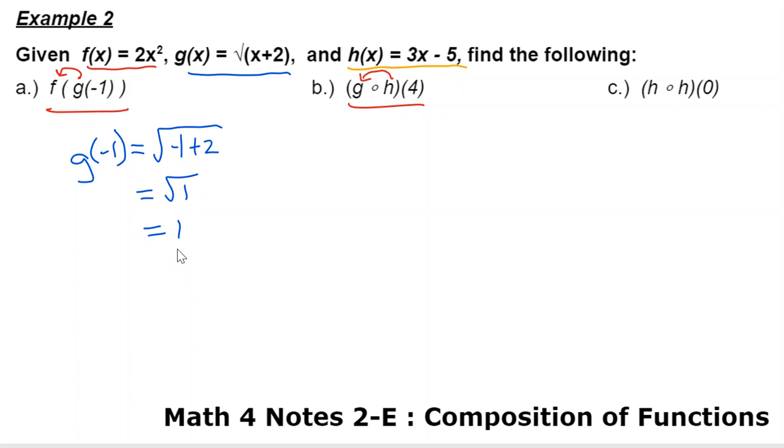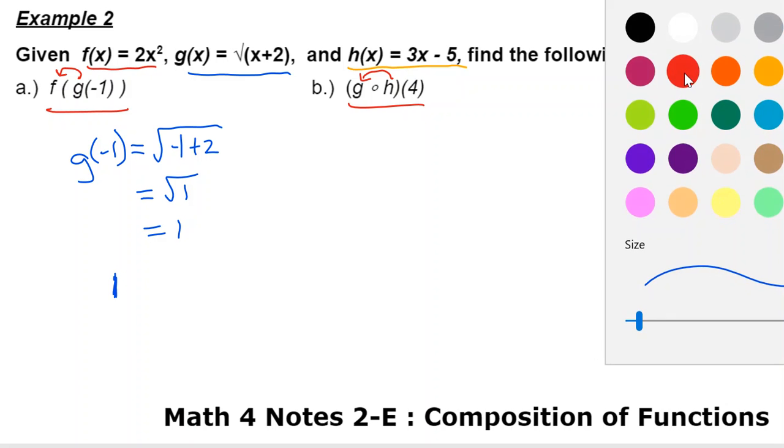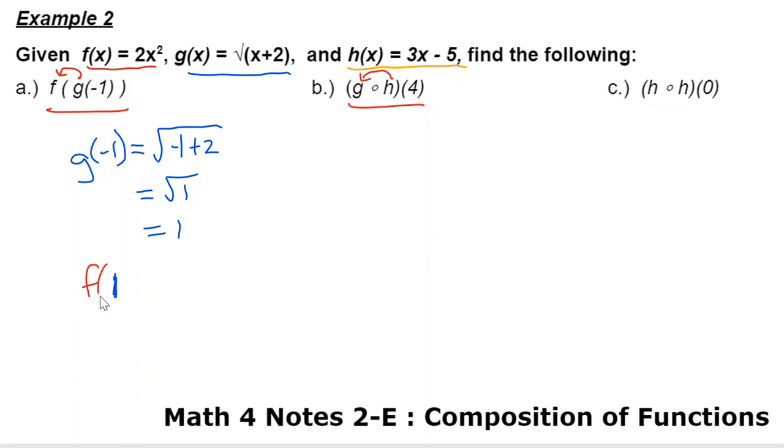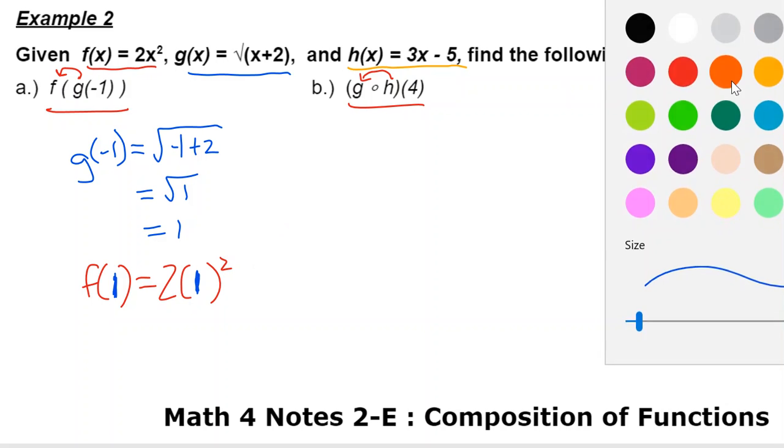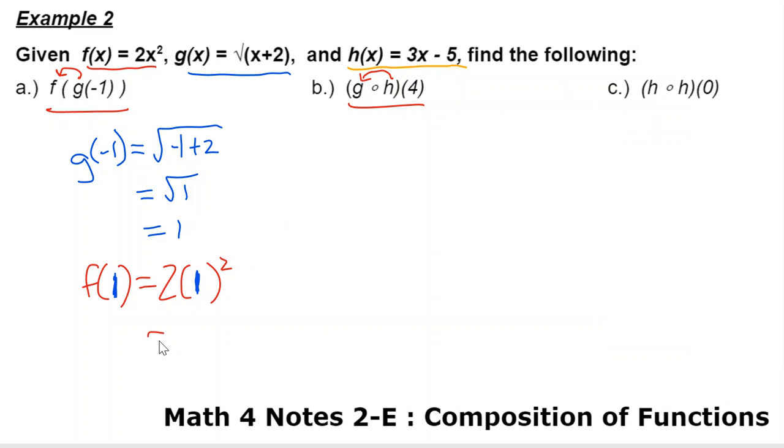And then we're going to take him and put him inside of f. So we have 2 times 1, which is plain old 2. And so that's going to be the end of that one.